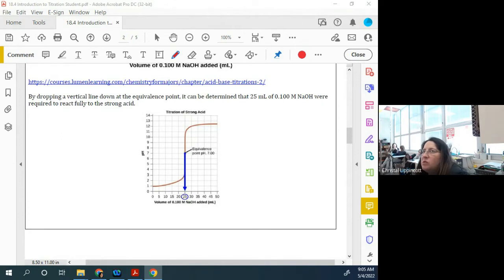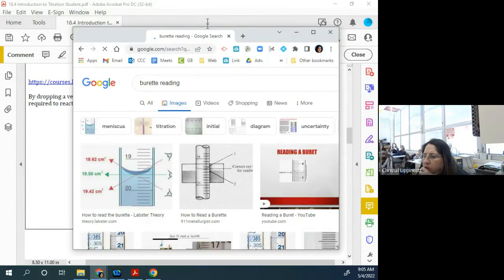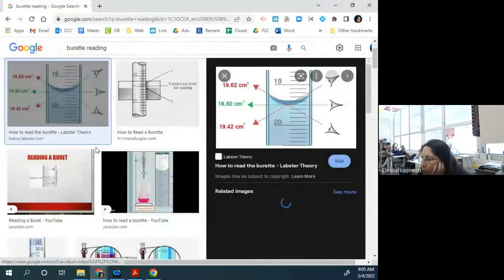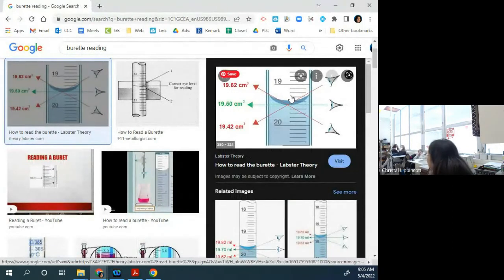All right, so I also want to take you over. So these burettes read kind of funny. It's kind of a harder concept to sort of wrap your brain around. When you are working with a burette, the numbers at the top are lower than the numbers at the bottom.